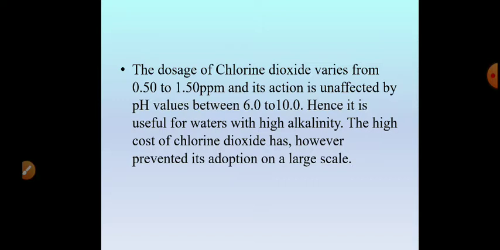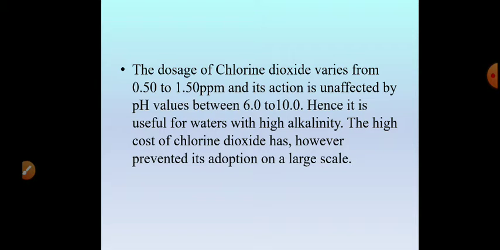Chlorine dioxide is one of the best, and hence it is useful for high alkaline water also. Water with high alkalinity can be effectively treated with chlorine dioxide because it is very effective in the pH range from 6 to 10. Dose 0.5 to 1.5 ppm.